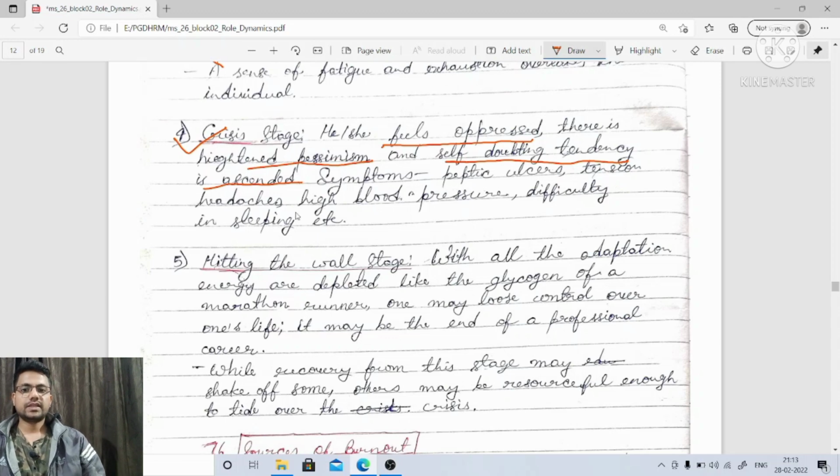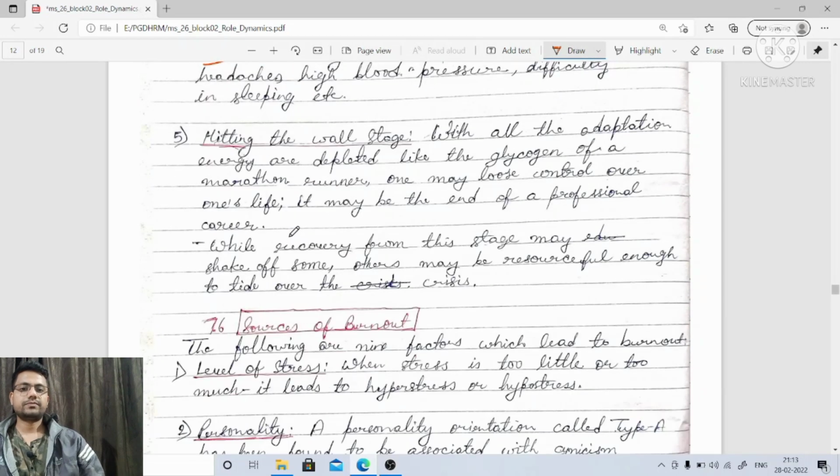Now next given, the hitting the wall stage. This is the fifth stage. With all the adaptation energy depleted, like the glycogen of a marathon runner, one may lose control over one's life. At this stage the whole energy is depleted, and one may lose control over one's life.